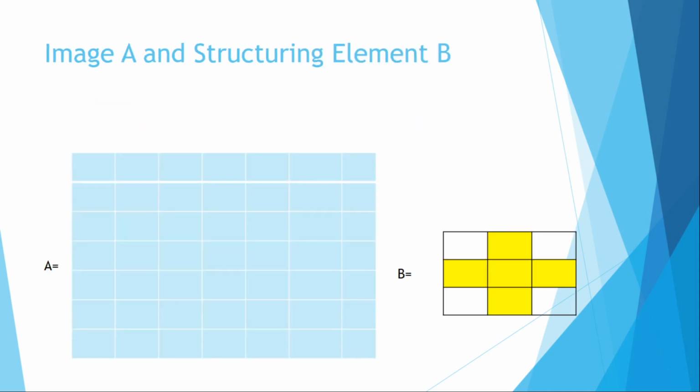So I am considering image A and structuring element B over here. The image I am considering in a grid format. The grid has cells, which we already discussed in the first unit. Whenever the image is in analog format, in order to convert it we have to do sampling and quantization.